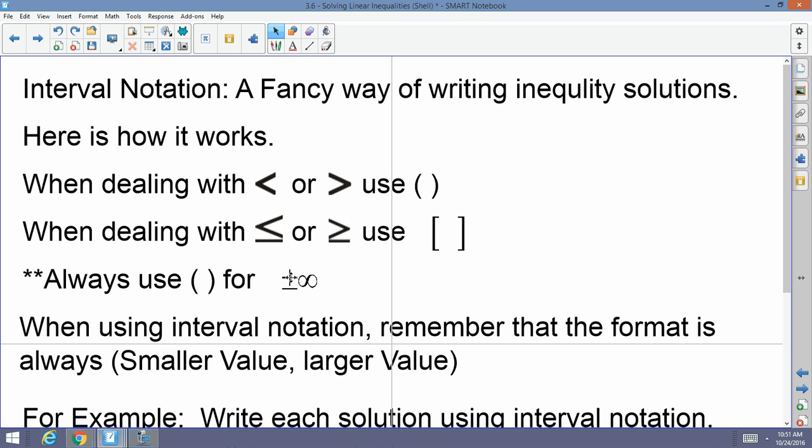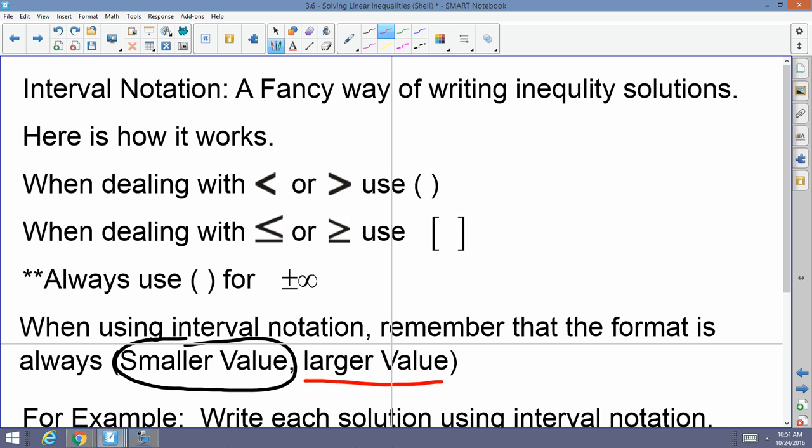Now, when using interval notation, remember that the format will always be parentheses or bracket, depending on if you have a greater than or equal to, or less than or equal to. But it's always going to be small value to larger value. Always.